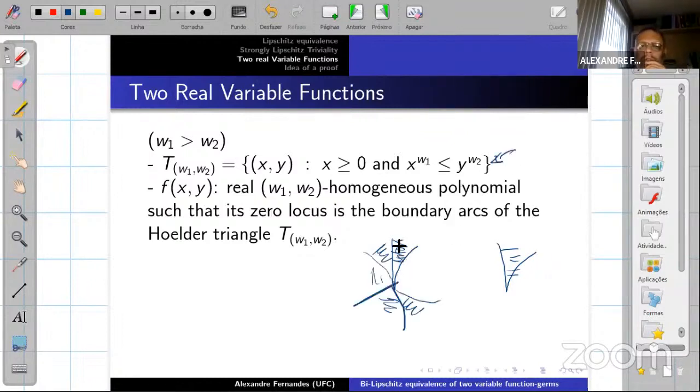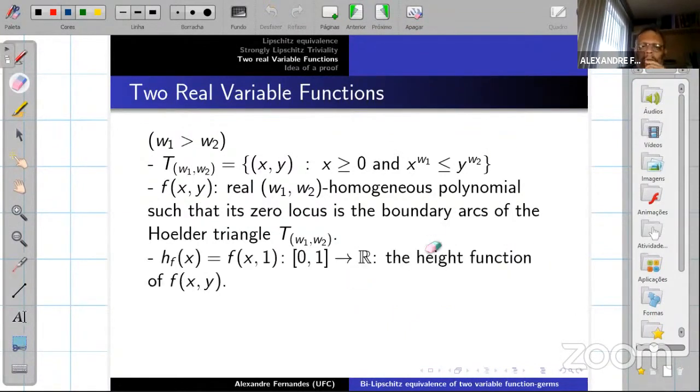This was our motivation. And associated to this function in this domain, take a height function.